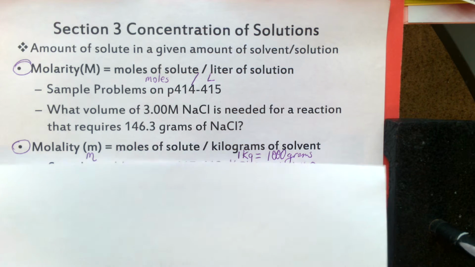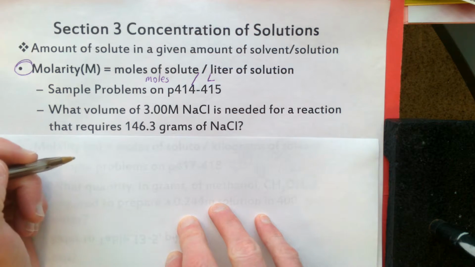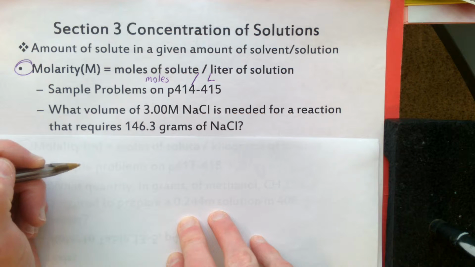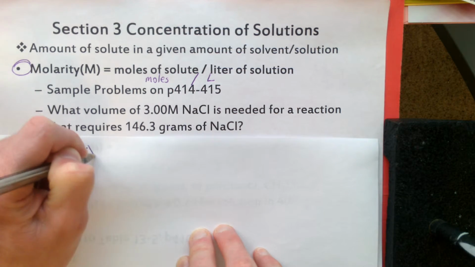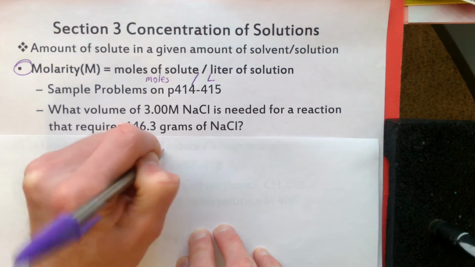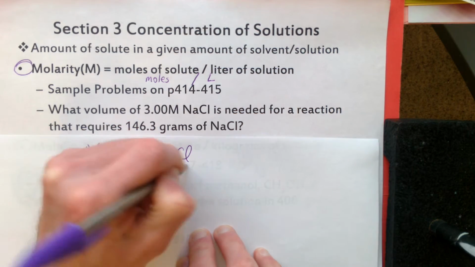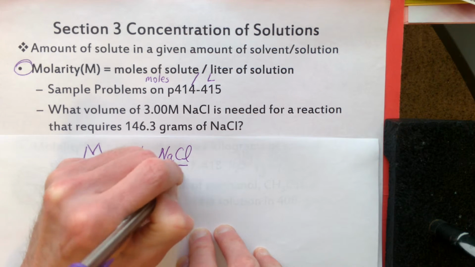We've got first, what volume of 3 molar sodium chloride is needed for a reaction that requires 146.3 grams of sodium chloride. So molarity equals moles of solute, moles of NaCl per liter of solution.